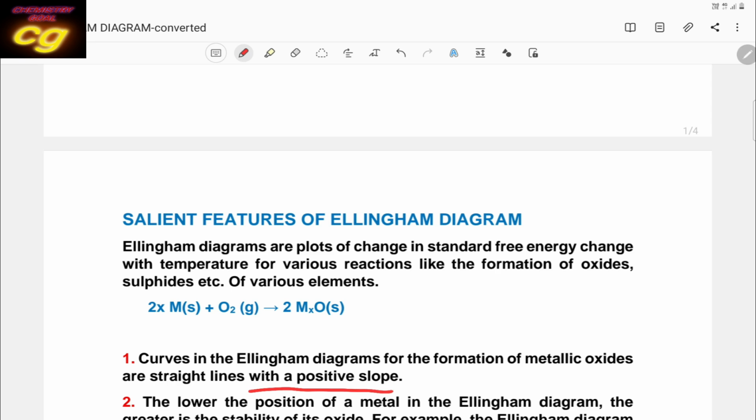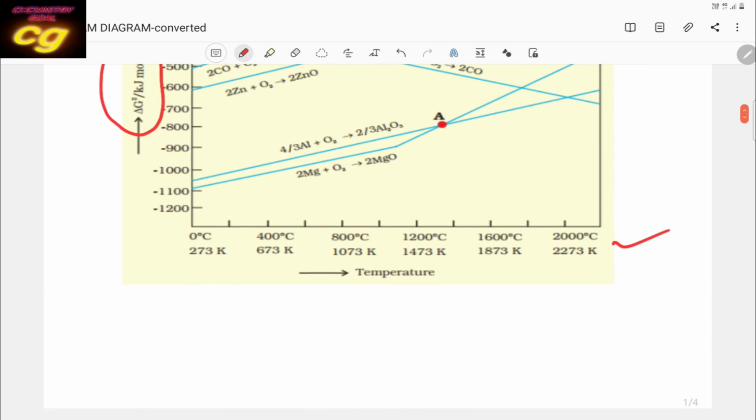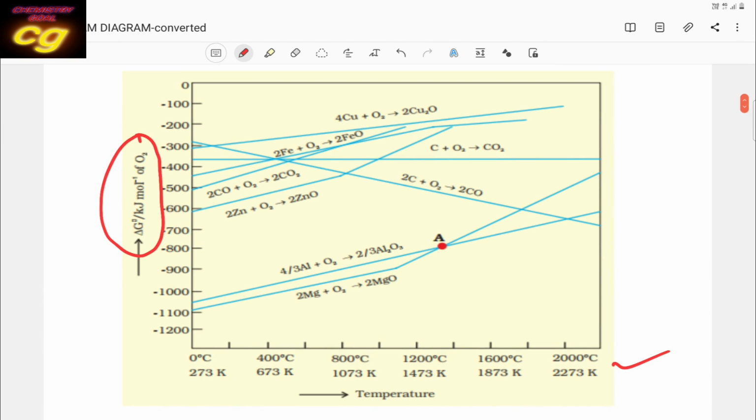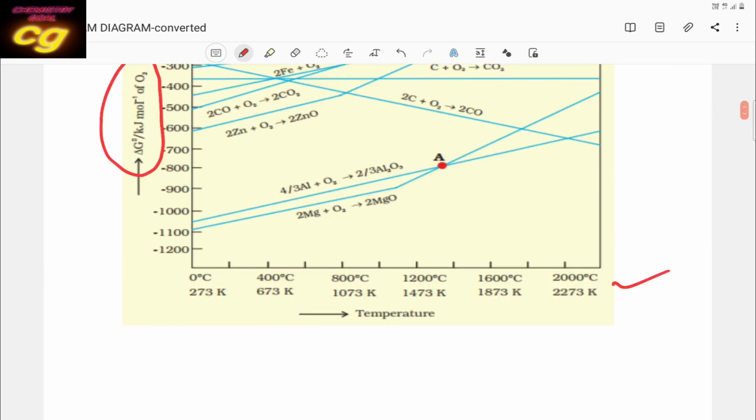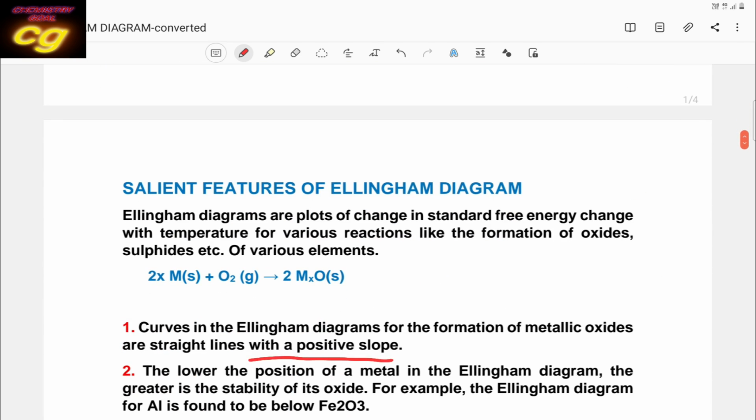Positive slope means that with increasing temperature the ΔG value increases. Metal is a solid and oxygen is a gas; when it is heated or burned, it produces metallic oxides. Metal is solid and the oxide is also solid, but oxygen is gas.